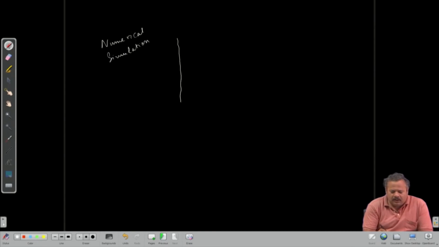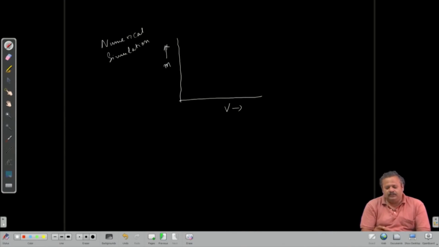So, let us say we have this as V, and we are considering another state variable. In this case it is M, since we are looking at threshold crossing phenomena.